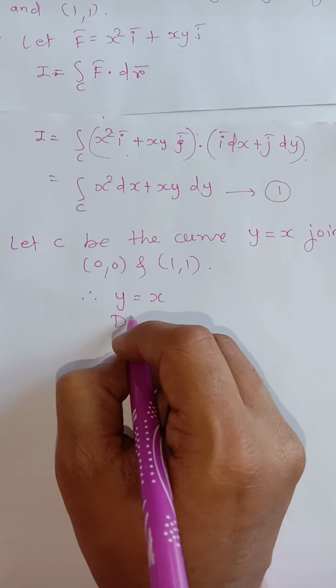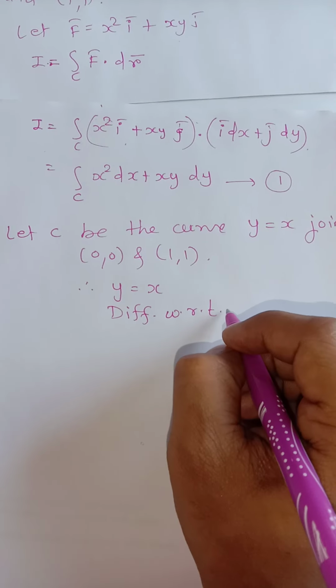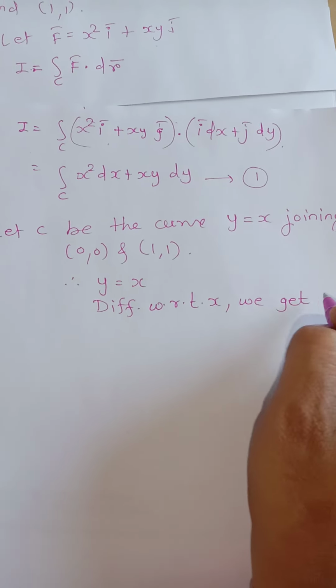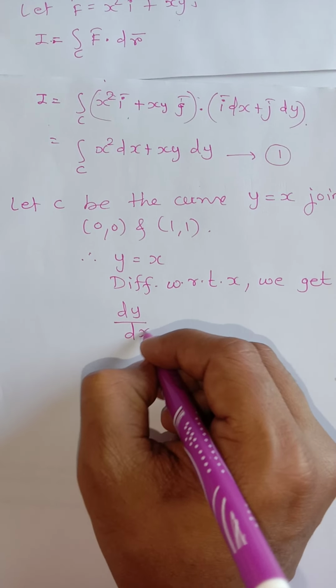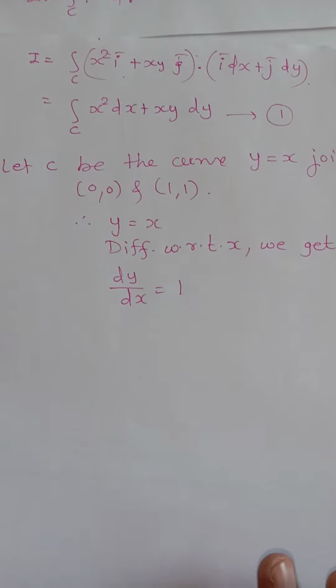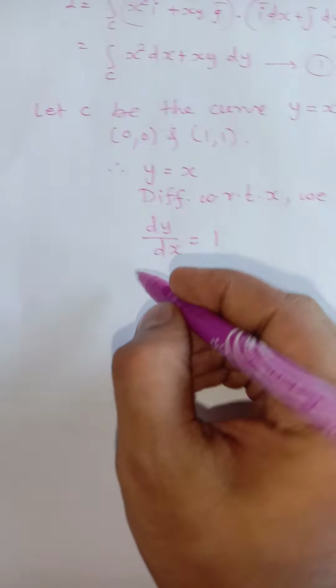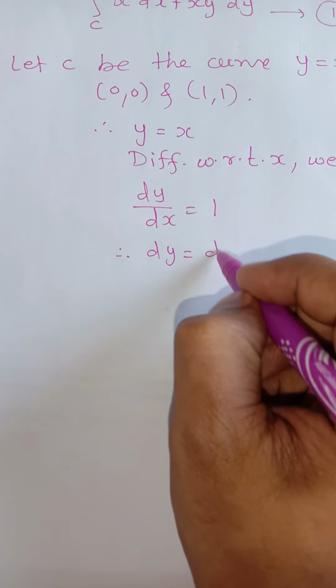Differentiating with respect to x, we get dy by dx is equal to 1. So therefore dy is equal to dx.